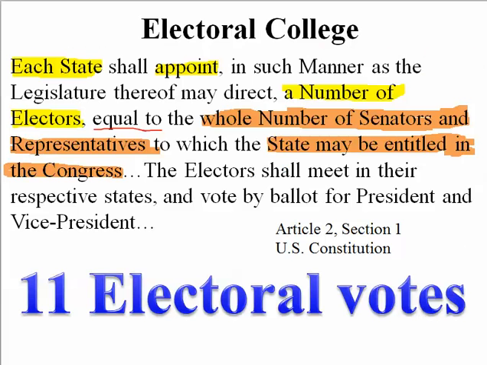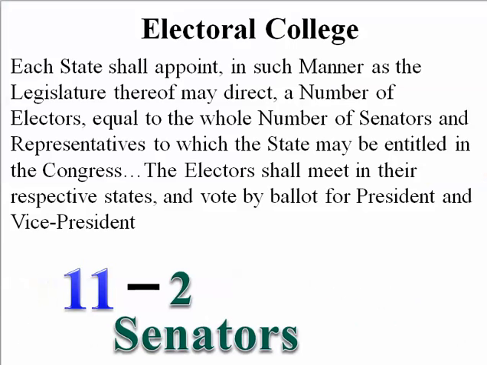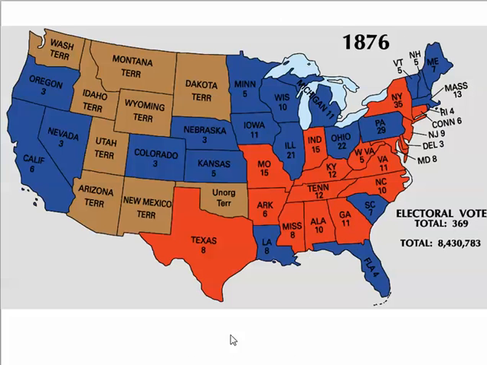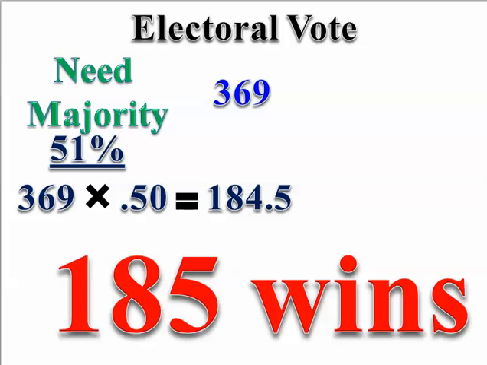So, alright, so we had this. Okay, so we did a little math. Alright, so in 1876 there's 369 Electoral College votes altogether. These in brown were still territories and therefore did not vote in the election. But all the blue and the red states with their electorals, we add them up, 369. So here's how you determine who wins the presidency. The candidate who wants to be president needs a majority of the vote.